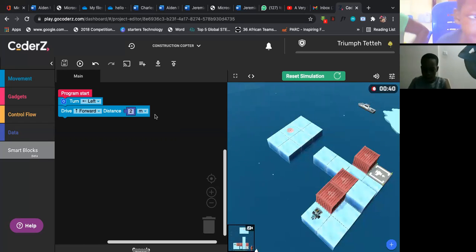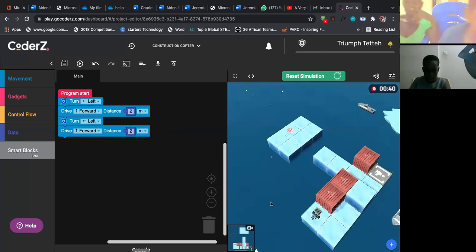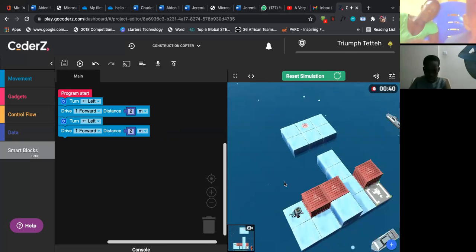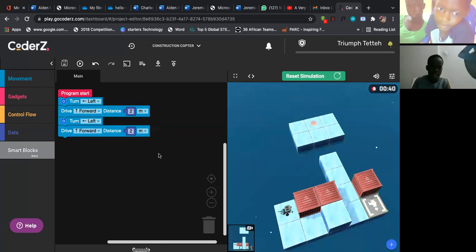Wait. Before we turn left, you move forward 4. Then we turn left. Okay, why did we move forward by 4? If we turn left, we are going to be here. We can only move from here to here. By 2. By 2. Okay. So by 2. Okay.